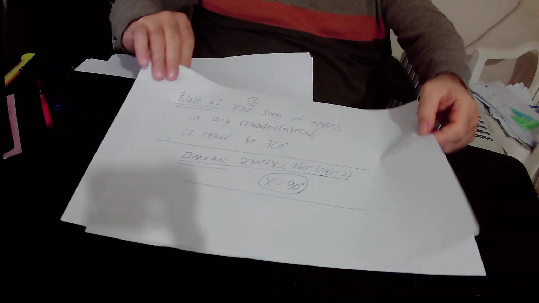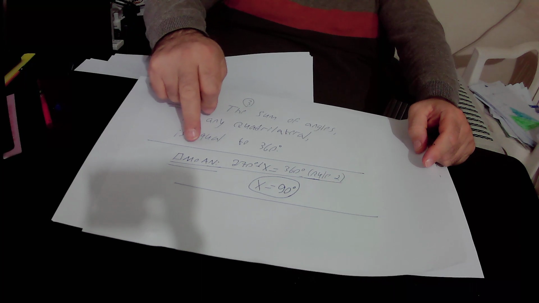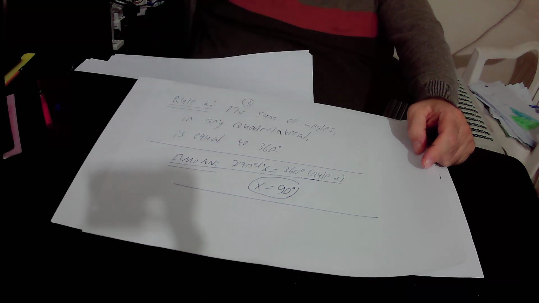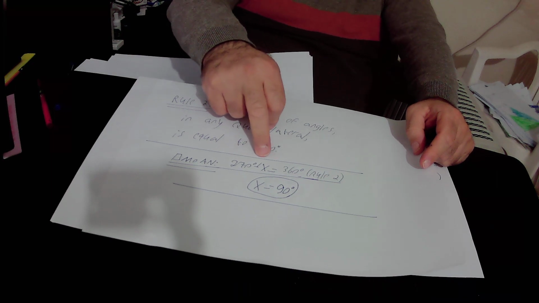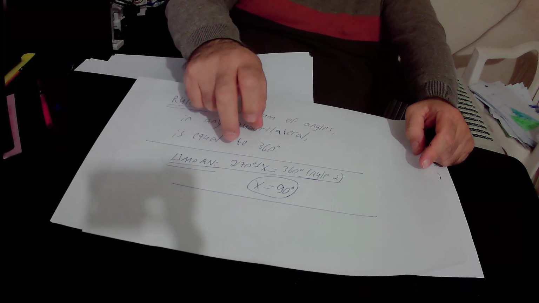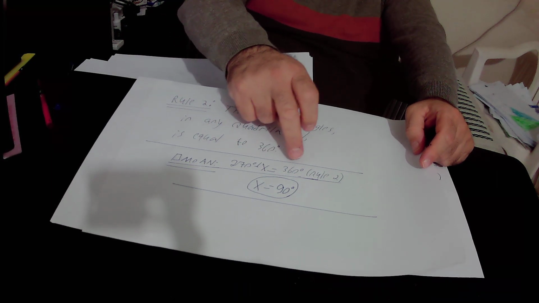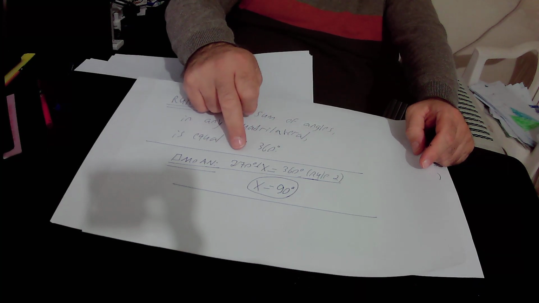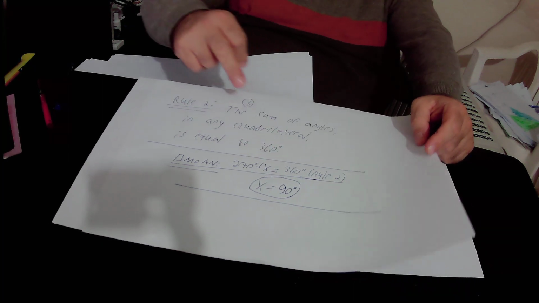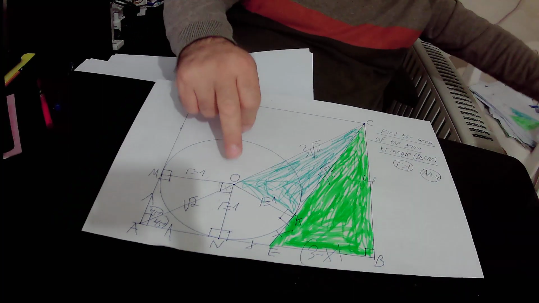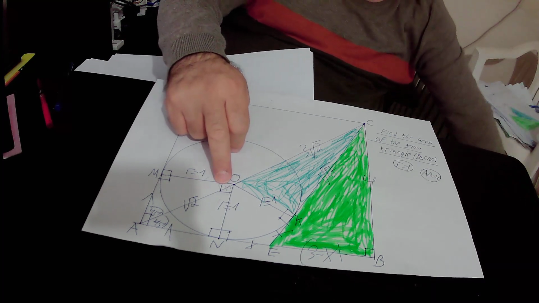We subtracted 270 degrees from this equality and got that angle x equals 90 degrees. So this angle is a right angle.